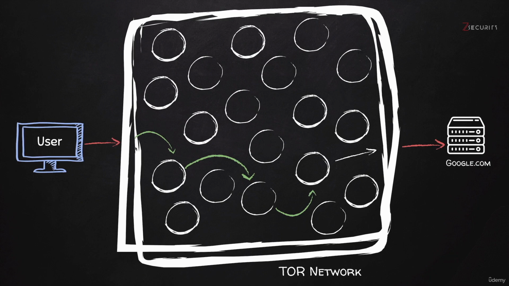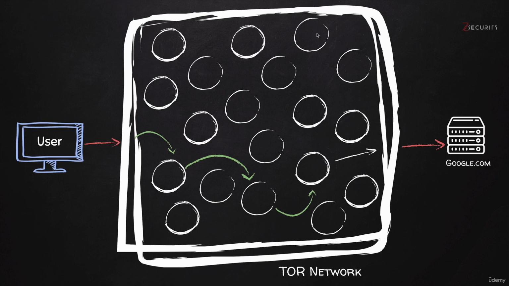So, you'll connect to Tor, and let's say you want to go to google.com. What's going to happen is your request is going to bounce over 3 different servers or 3 different nodes before it goes to Google. So, Google can only see the last node or the last server or the last computer that the request was sent from. It can't see you or the original user.